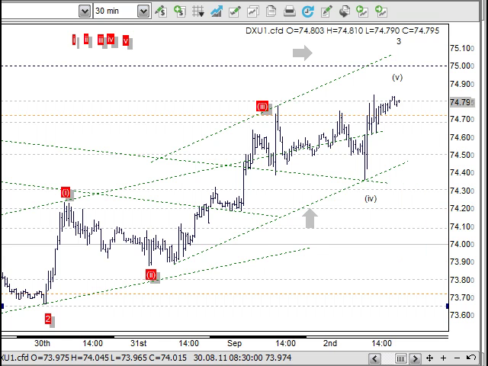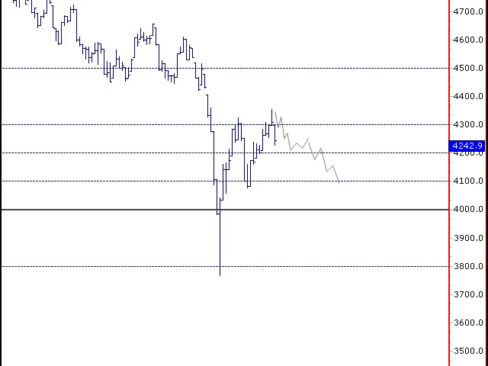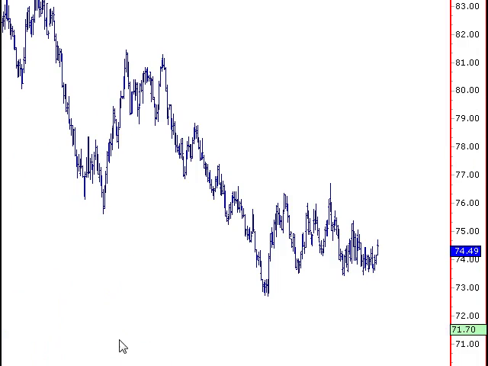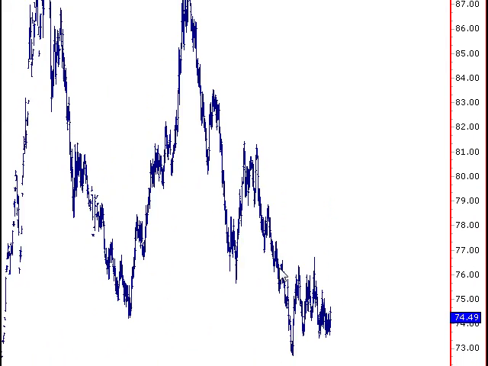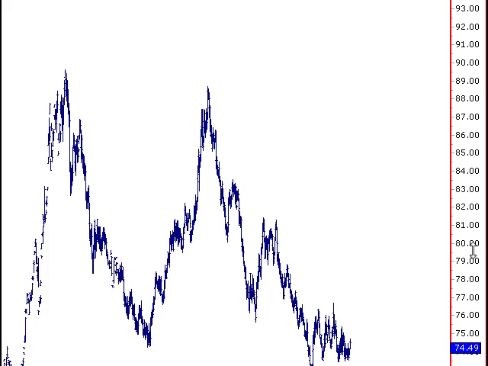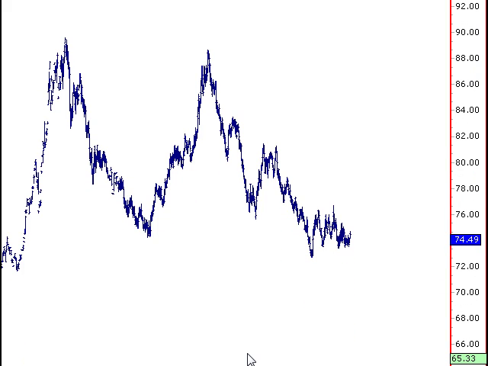If we just have a look at that in terms of the DXY here, and we find it, there it is here. So this is what we're looking at here. That's the huge big picture of the dollar there, and yeah, so if this is correct here, then we should see that push up, but this can still be considered a corrective pattern here, and we can see a further downside to 72 here.